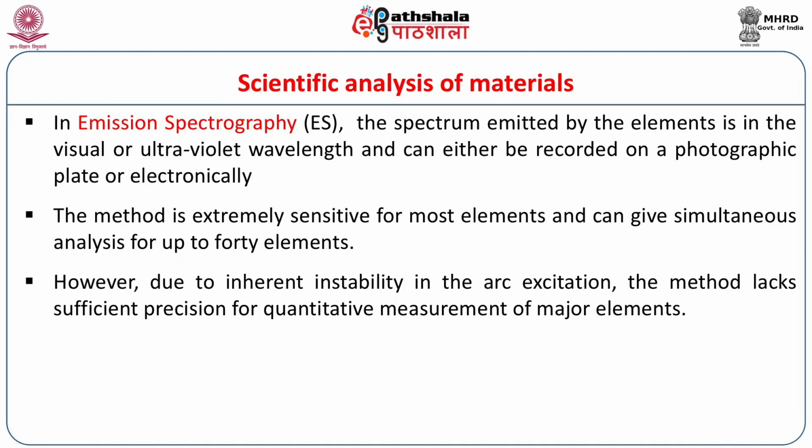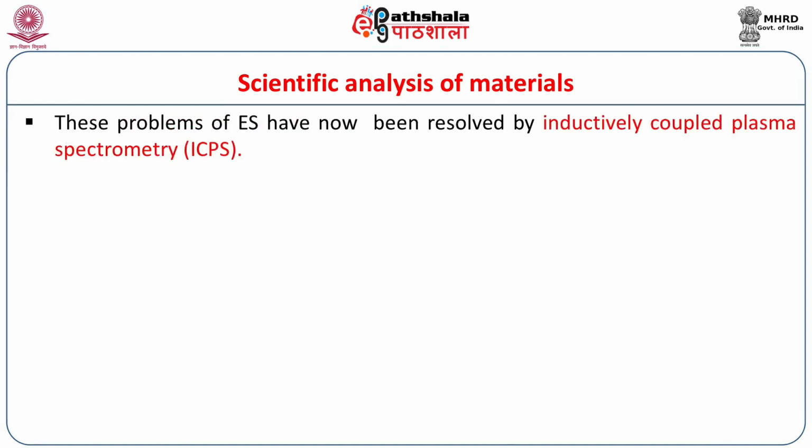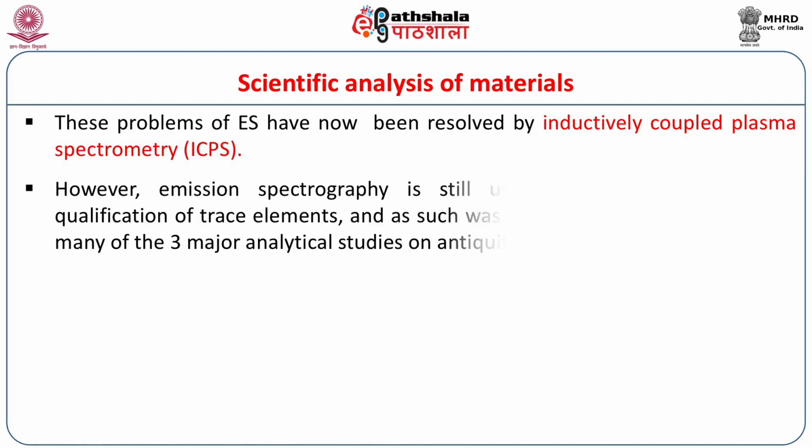However, due to inherent instability in this type of method, sufficient precision for quantitative measurement of major elements is also necessary. The problems of emission spectrometry have now been resolved by inductively coupled plasma spectrometry, or ICPS.